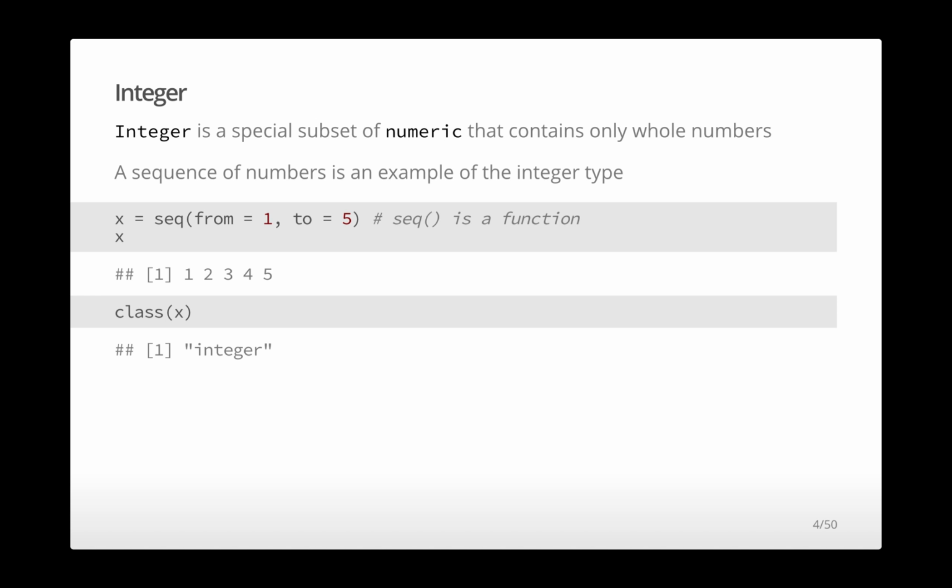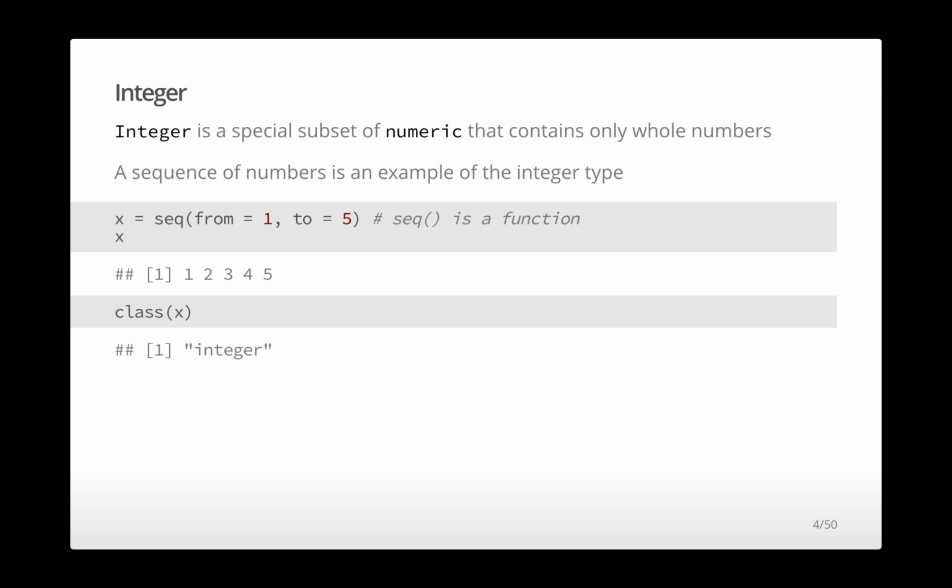Although the colon operator is great, sometimes you want sequences of numbers that don't jump by 1. So the seq function usually takes in 3 arguments: from, to, and by. The default for by is 1.